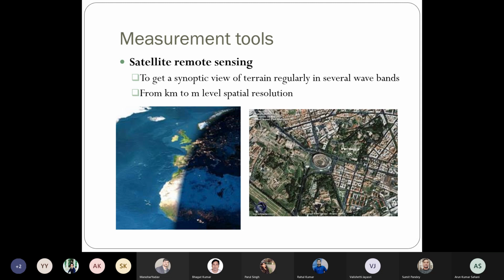In this slide, you can see the pictures which were collected by the satellite-based platform.